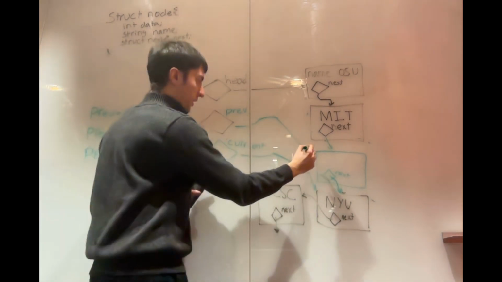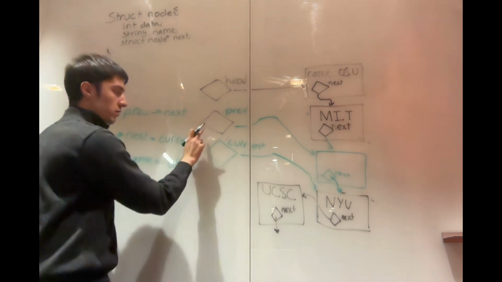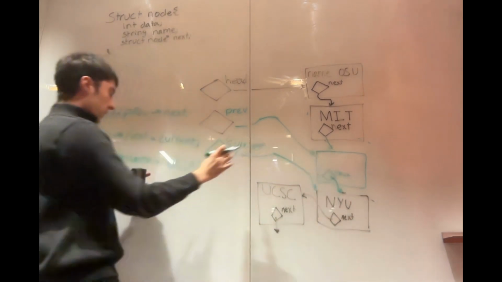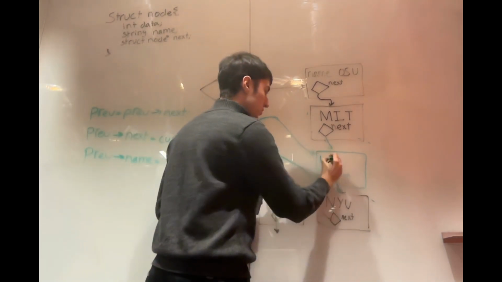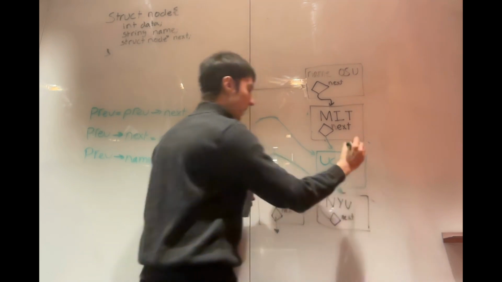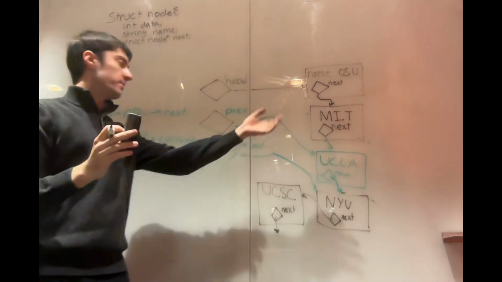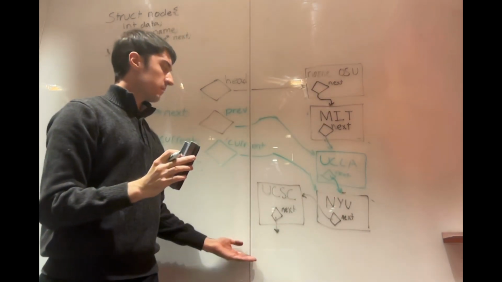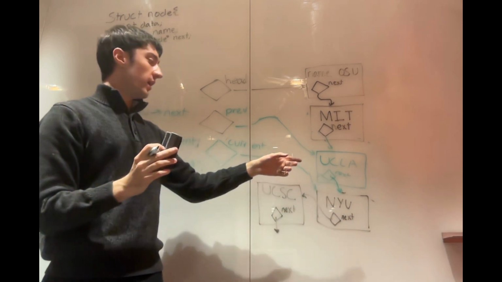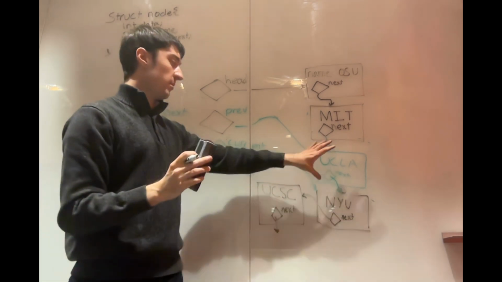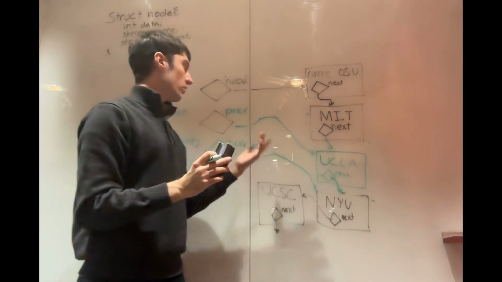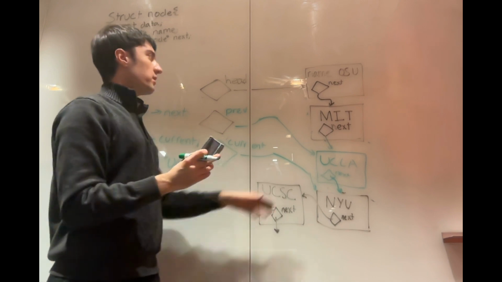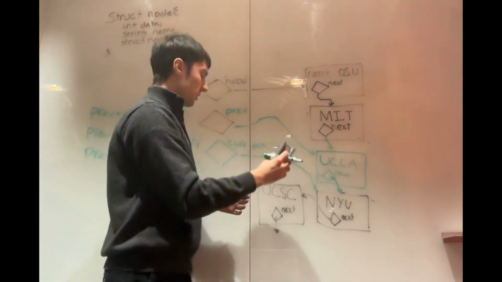So, all right, this goes to previous, access the name element, and change that to UCLA. Well, there we go. We did it. Look, this is exactly what we want. So that's how you delete an element in the end or in the middle of a linked list. Okay, well, maybe you want to ask, how do you add an element at the beginning of a linked list? Okay, well, let's do that.